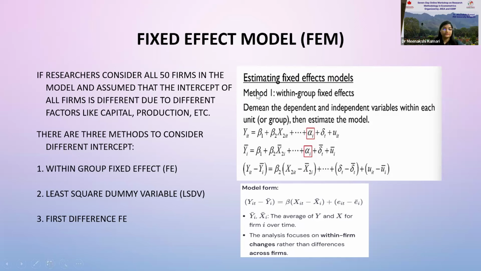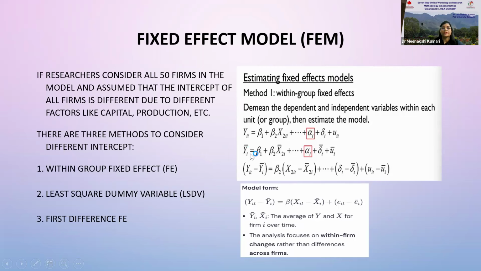When we have the first, that we call within group fixed effect, here what we do is, this is our first model, yit equals beta 1 plus beta 2 xit plus alpha i, this is time invariant, plus delta i plus uit. In the second model, we do not take the same model. We take the average, the mean of y and of x, all the variables.